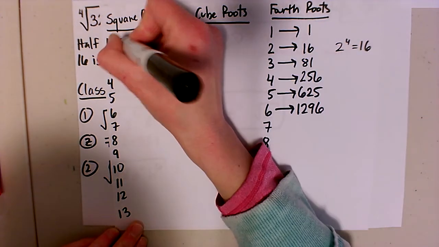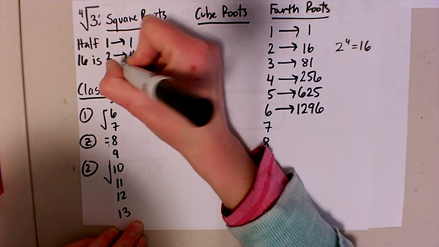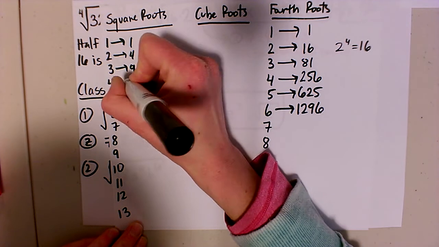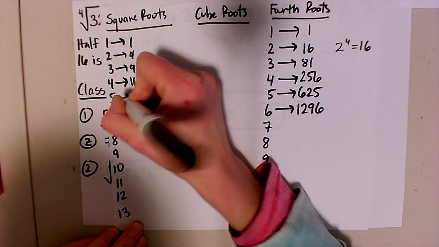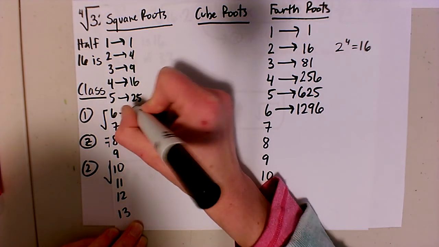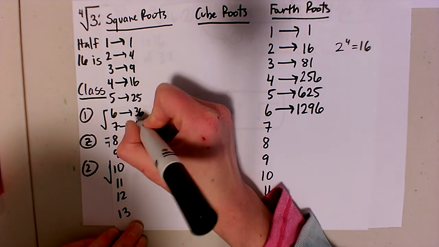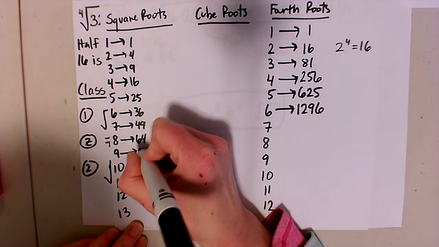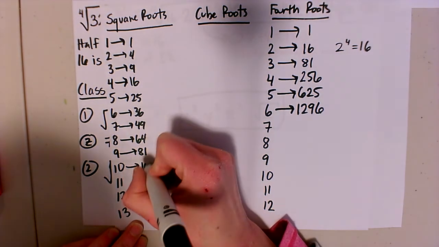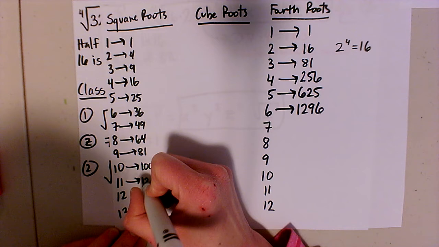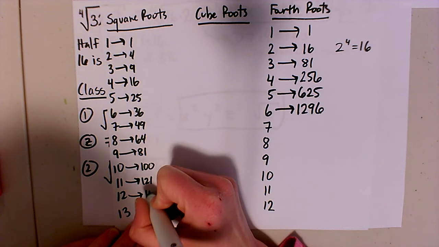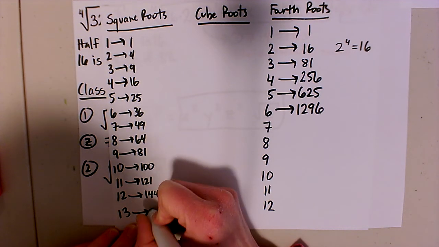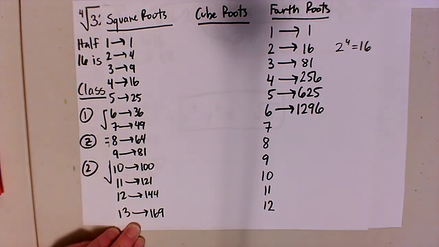I'm going to square all of these numbers, and I'll get 1, 4, 9, 16, 25, 36, 49, 64, 81, 100, 121, 144, and 169. So those are all my perfect squares.